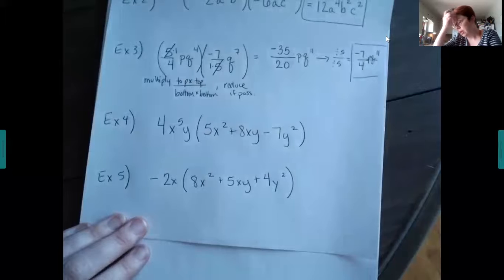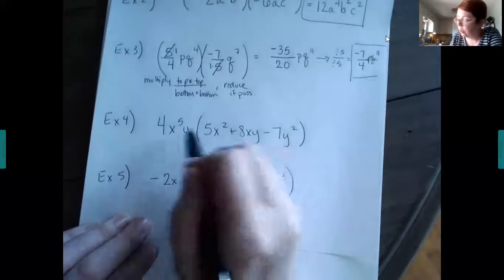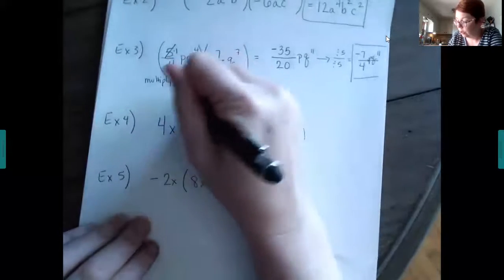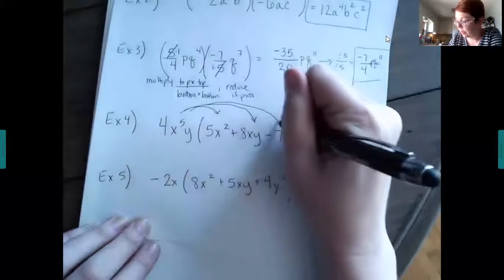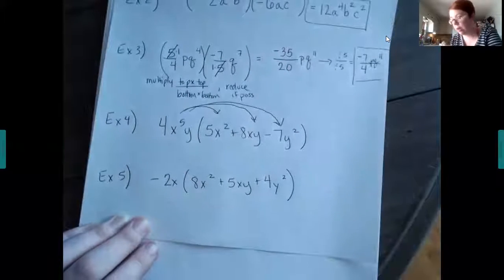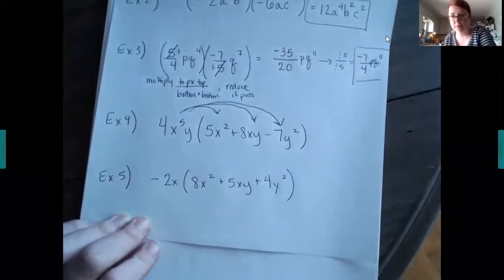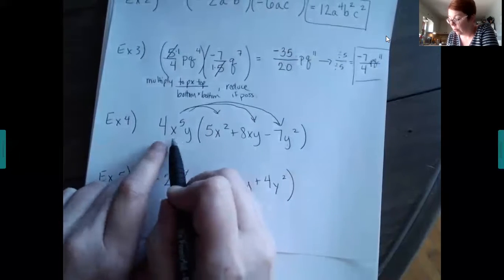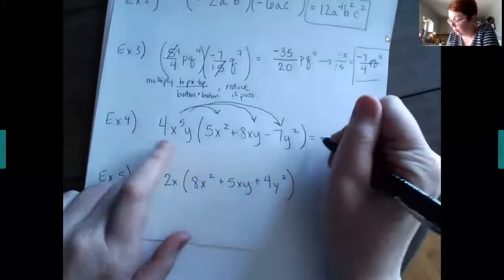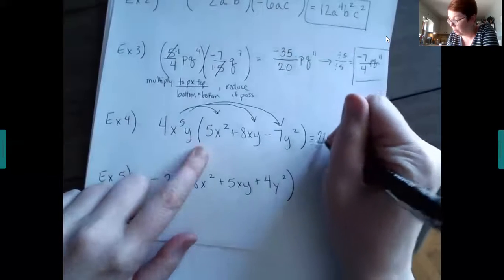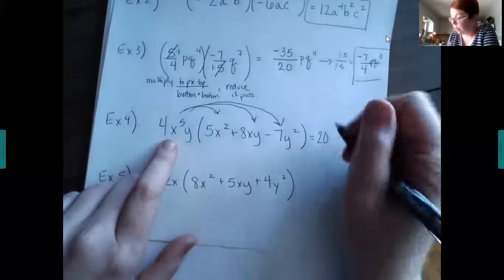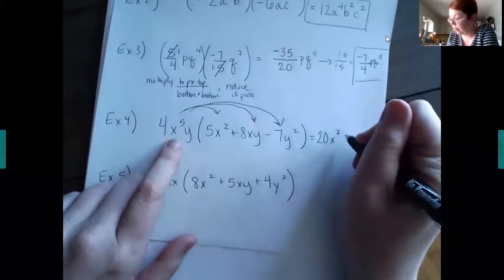Okay. And then when you're multiplying one term into a group, you just don't want to forget this back guy. Sometimes he gets lonely and forgotten for whatever reason. So we're taking this term and we're going to multiply it in. 4 times 5 is 20. We have an x to the 5th and an x squared, so that becomes x to the 7th.